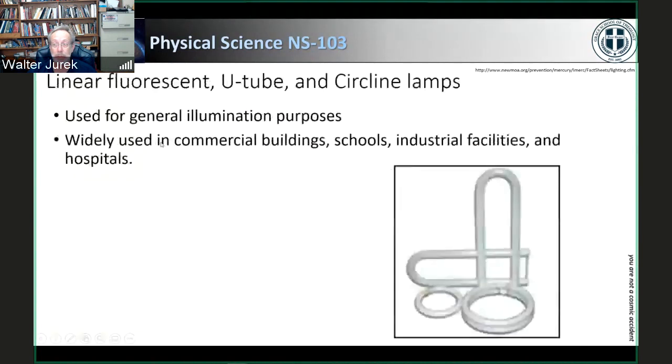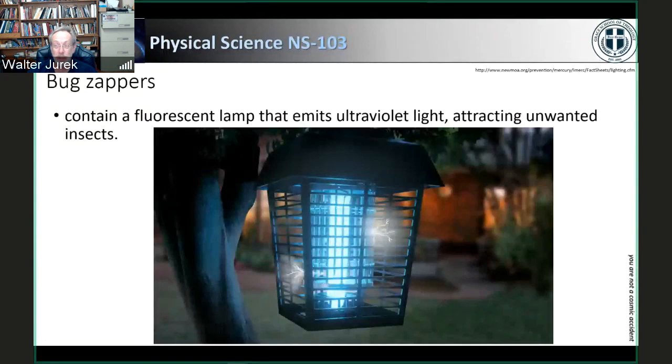And we've seen them in a bunch of different shapes. We've got the little straight line, the circulars, the U-shaped ones. And the reason I'm pretty sure you can see one where you are, Joe, is that they get used a lot in commercial buildings, so there's probably one or more sitting above you there. Guess what? We also use them in bug zappers.